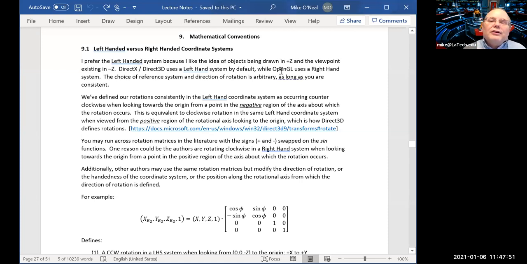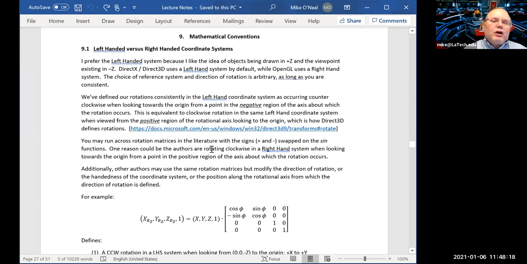OpenGL, which is another graphics library system that's popular, uses a right-handed system. So it's exactly backwards from what I'm telling you here, right? And if you start looking in OpenGL, you might go, well, Mike has his minuses in all the wrong places. No, he doesn't. They're using different assumptions.